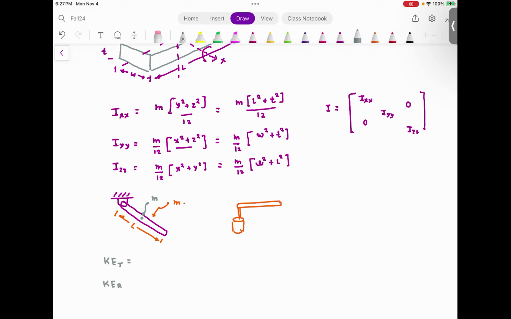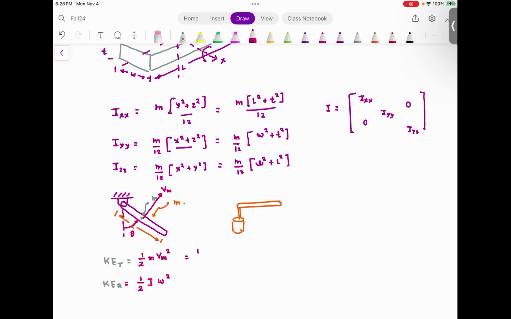Kinetic energy of translation is this mass moving in this direction, this theta. With the velocity of this mass Vm, it is 1/2 m Vm square. And kinetic energy of rotation is 1/2 I omega square.